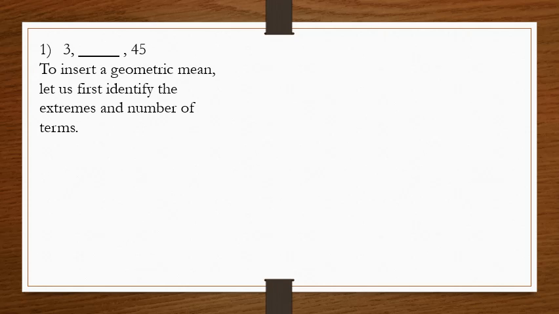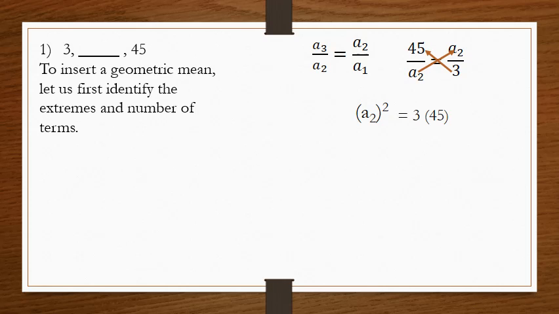Okay, let us try to answer this one. We have 3, blank, and 45. So mag-insert lang tayo ng isa. So using the formula, the third term divided by the second term equals the second term divided by the first term. So substitute: 45 over the second term equals the second term over 3 as the first term. Then cross multiply. So magkakaroon tayo ng a sub 2 raised to the second power equals 3 times 45. So 3 times 45 is 135.